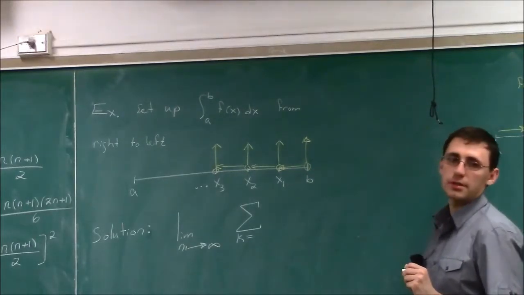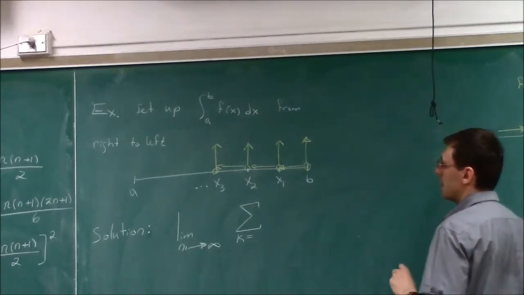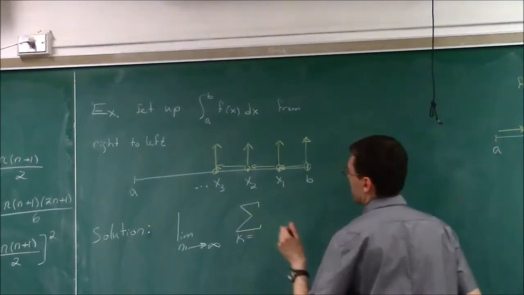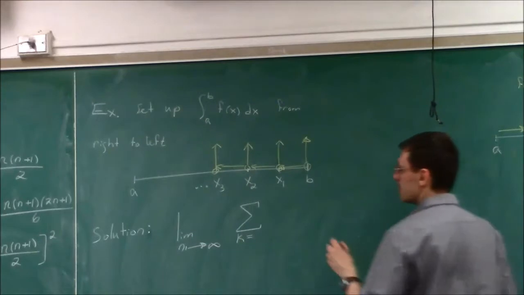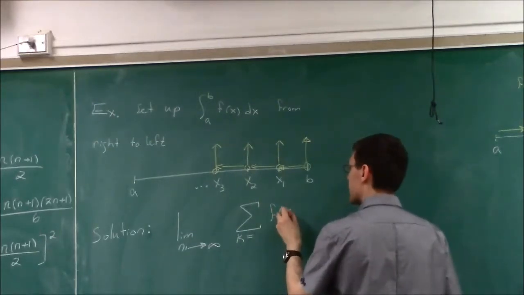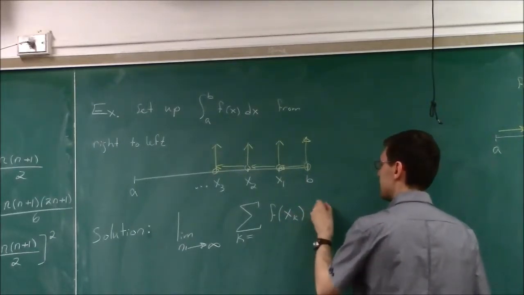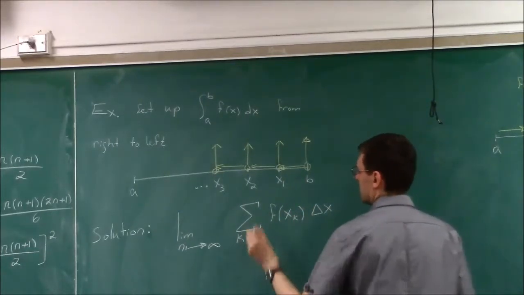Well, k is an integer. So I want to start at b, I want to command it by k. How do I do that? So that should be f of x sub k delta x, correct?